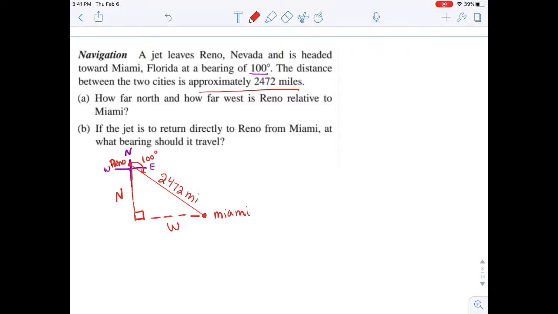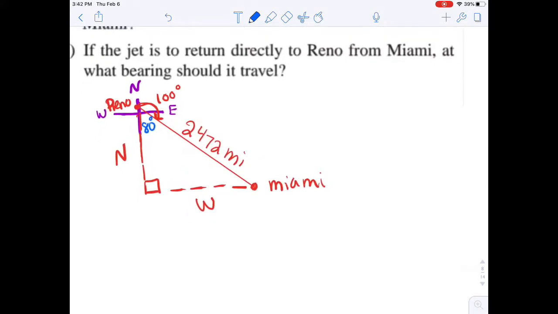This 100 degrees is outside of my triangle, but the north-south line is a straight line up and down. So if this outside angle is 100 degrees, hopefully you're able to realize that this would be 80 degrees, because together they would equal 180 degrees.